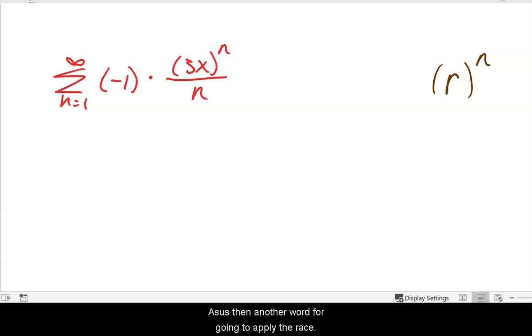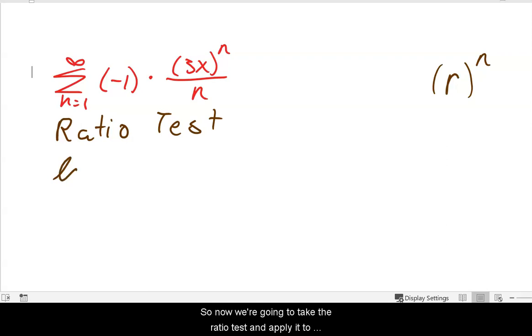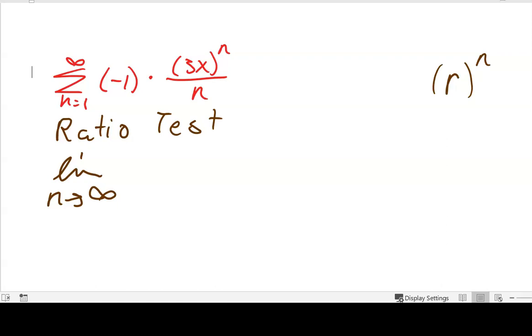In other words, we're going to apply the ratio test. So now we're going to take the ratio test and apply it to this to see if I can get some kind of limitation on the variable x that will tell me when it will converge and when it will not. Most of the time it is the ratio test. On a few rare occasions, the root test is more applicable, but it's usually the ratio test.